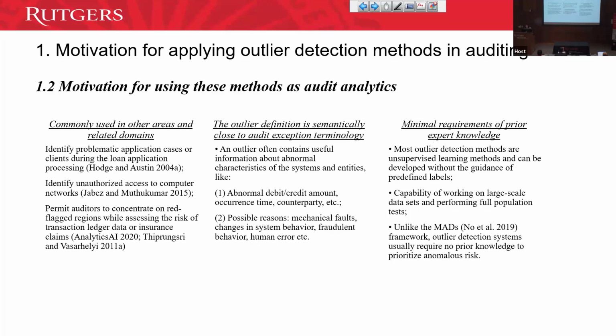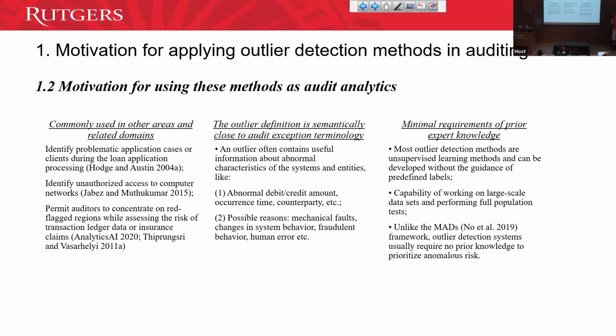And the third motivation is really important, since we realize that it has very minimal requirements of prior expert knowledge if you try to use outlier detection methods in auditing domains. It's well known that most of the outlier detection methods are unsupervised learning based.